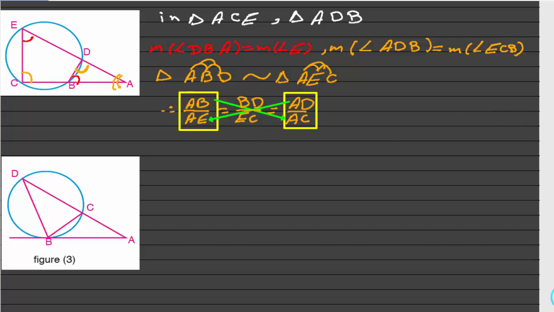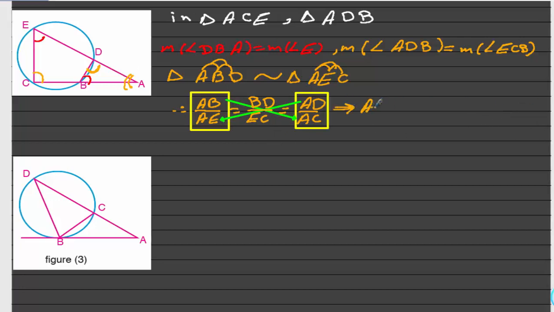And we write this relation here: AD multiply AE equals AC multiply AB. Let us go to the figure here. AD, where is AD? Here, AD multiply the length of AE starting from A here equals AB multiply AC.